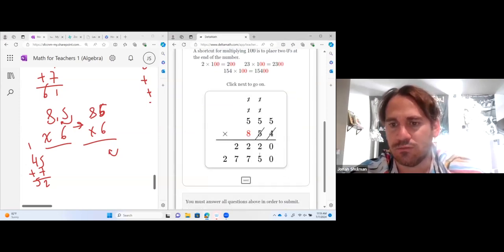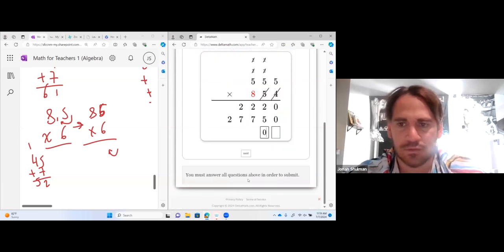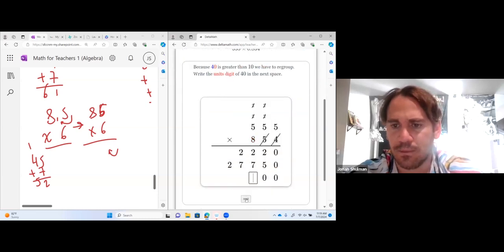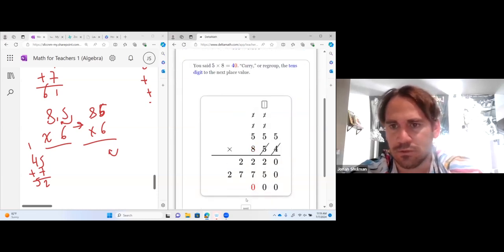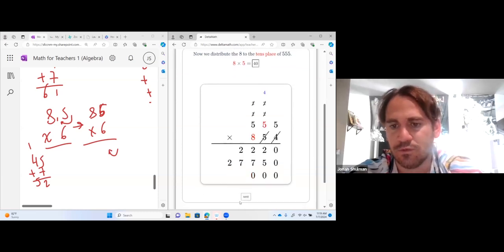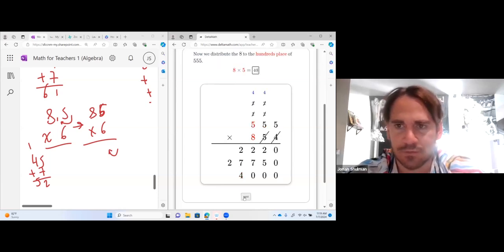So here we go. Next, we have the zeros. 8 times 5 is 40. It's another 0. Carry the 4. 8 times 5 is 40. Plus 4 is 44. 8 times 5 is 40.